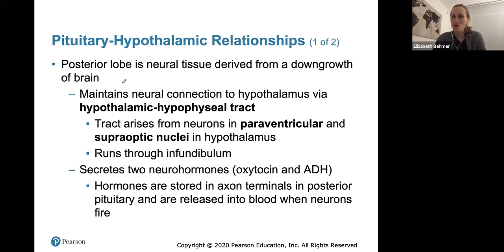The posterior lobe is neural tissue, and I'll show you a picture eventually. So we have the hypothalamus and the pituitary gland, and the posterior side of the pituitary gland is a downgrowth of the brain, so it's all neural tissue, and it maintains a neural connection to the hypothalamus via what we call the hypothalamic hypophyseal tract.